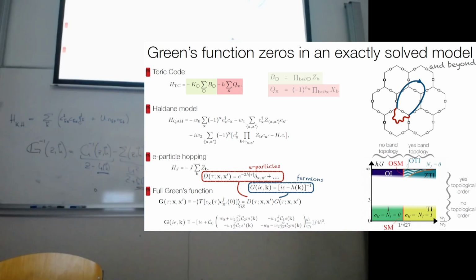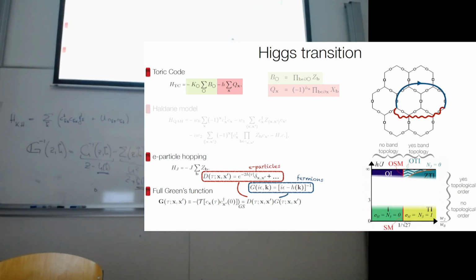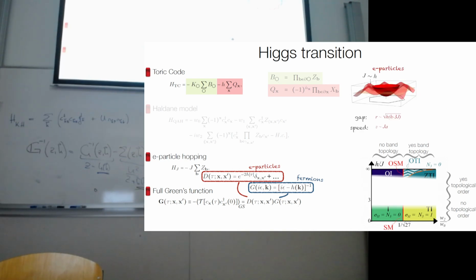Okay, so now let's transition. So when you increase the hopping of these E particles, the J becomes larger and larger. At some point, the energy to excite an E particle becomes smaller than the kinetic energy of the E particles. So if you wish, the E particles start to condense, and that drives the transition into this confining, non-topological phase.